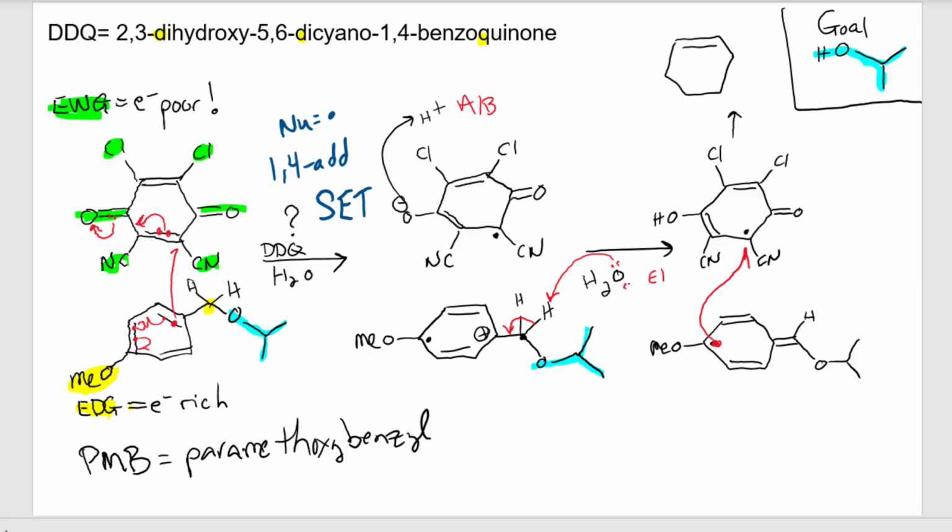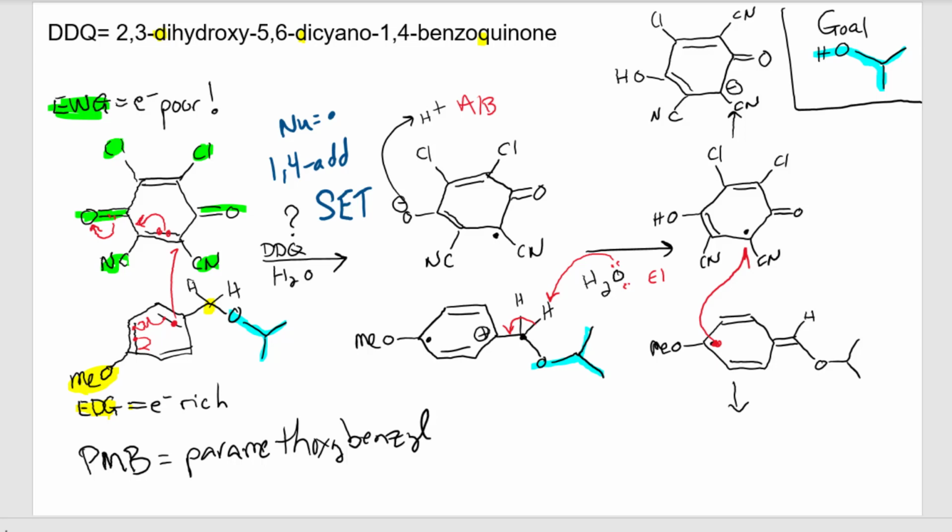That is going to put me at an anion now for the DDQ molecule, which is fine. You have an anion on the ring.